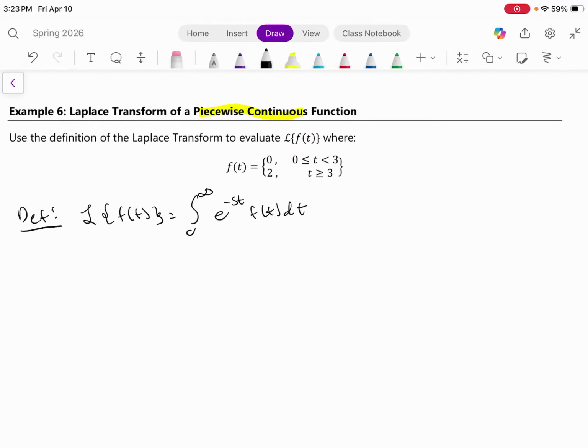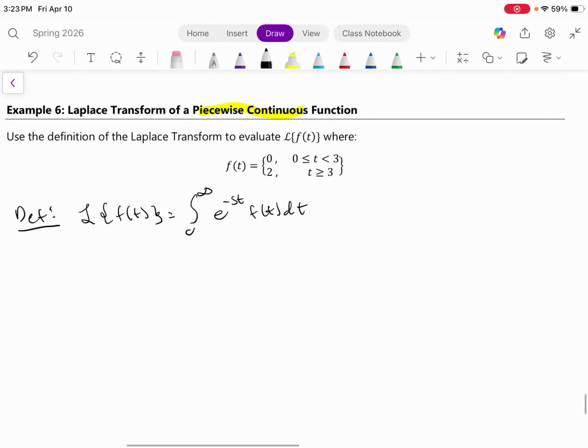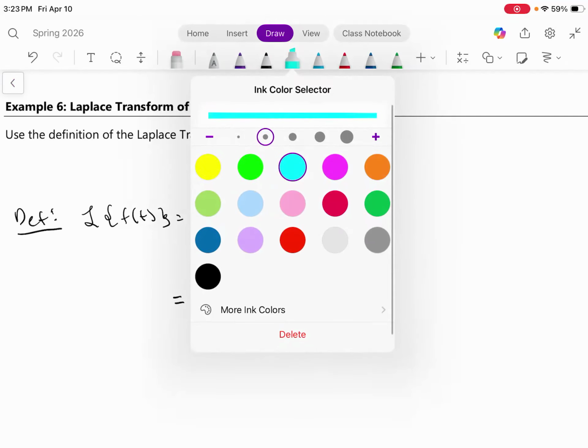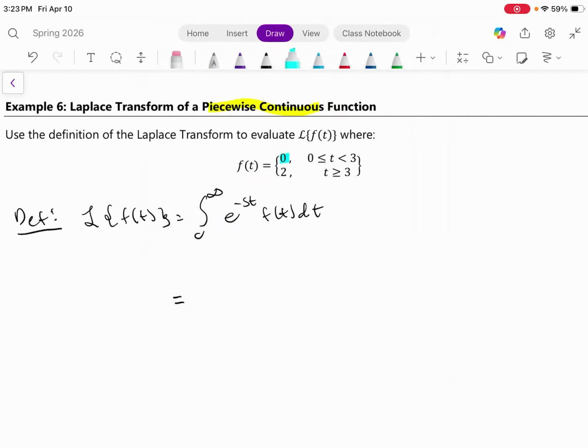This is a little different because it's a piecewise function, but what we essentially do is split this up into the respective components of the piecewise function. So our first integral would be dealing with the function 0 that has specific bounds 0 to 3.